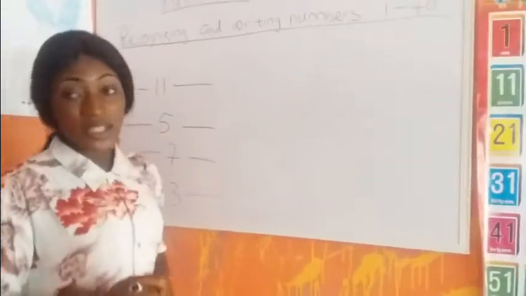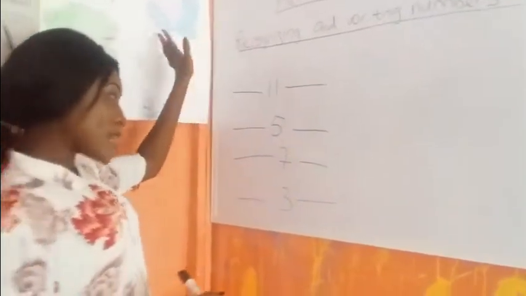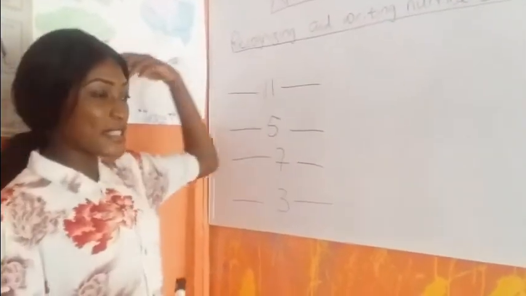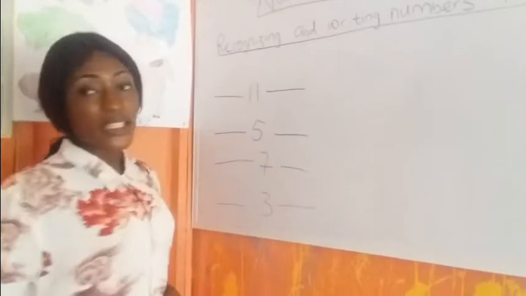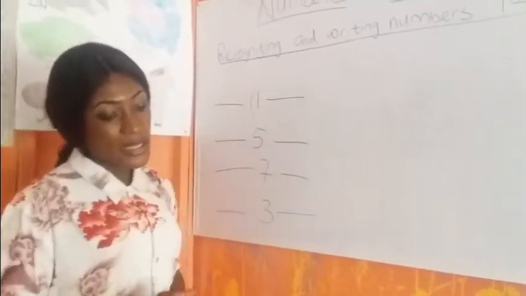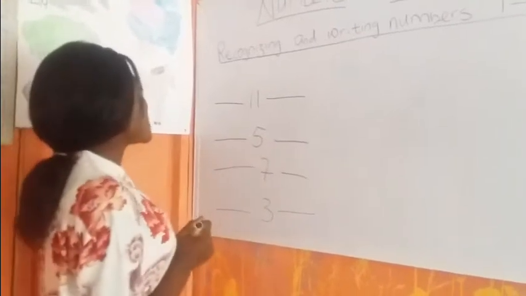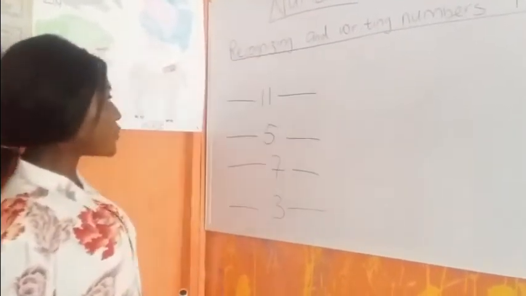Now last time we said that numbers that are before, they are numbers on our left hand side, and then numbers that are after, they are numbers that are in front. So let's look at the numbers that are before and after these given numbers.